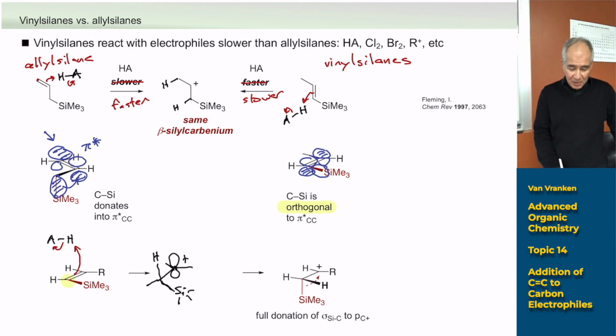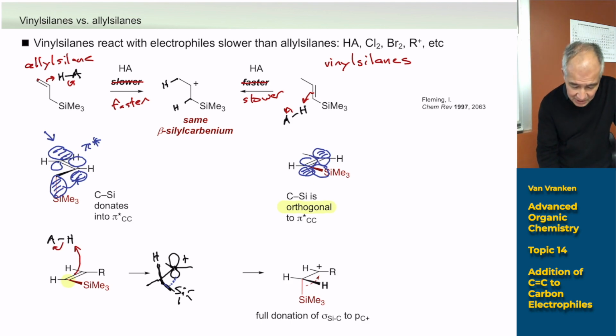So now it's not perfectly orthogonal anymore. Because this is pyramidal, this silicon is starting to go below the plane of the board. And there will be this rotation that will occur. This silicon is starting to feel like, oh wait, I'm on the bottom now a little bit. I'm starting to get a little bit of a special interaction here.